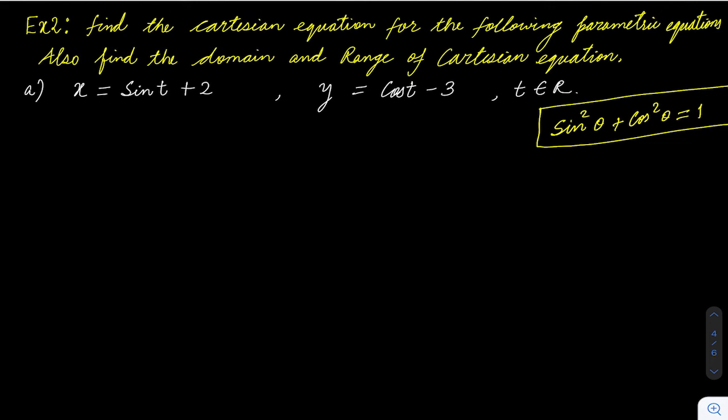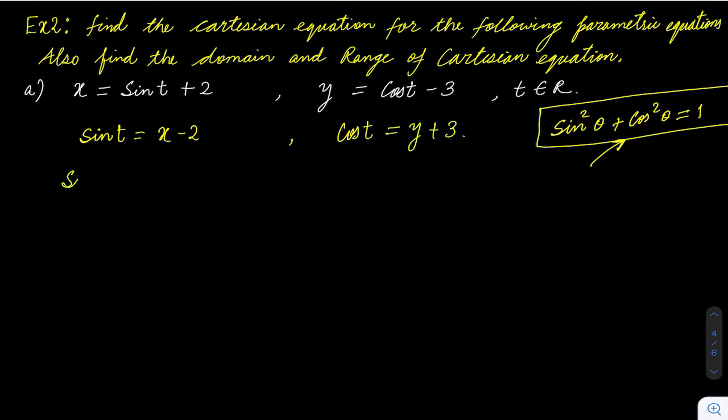As I can see, you have sine t and cos t here. So what's the identity involving sine t and cos t? That is this: sine square t plus cos square t is 1. So instead of finding the t value, I will find sine t, that is x minus 2. I will find cos t, cos t is y plus 3.